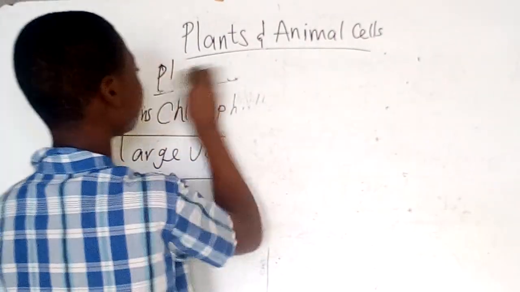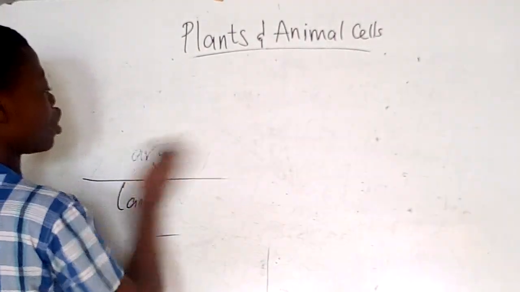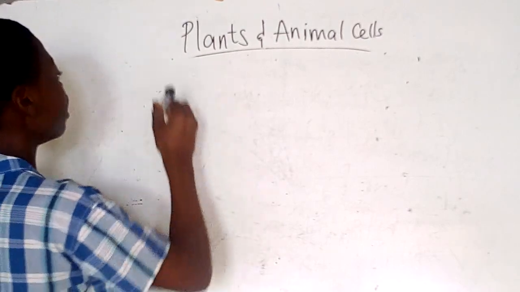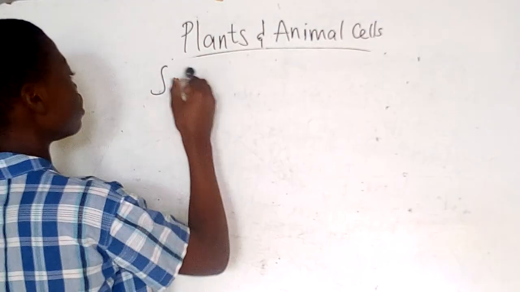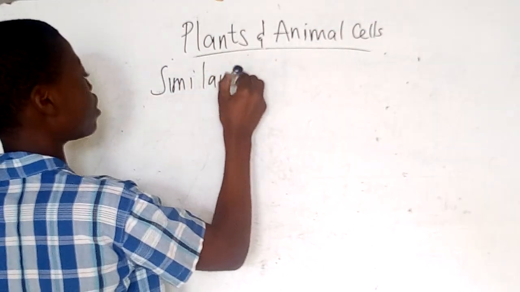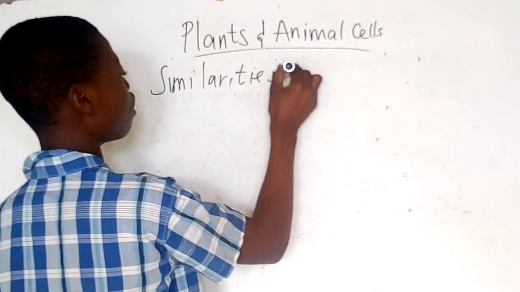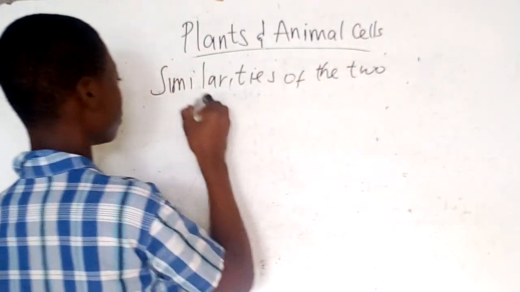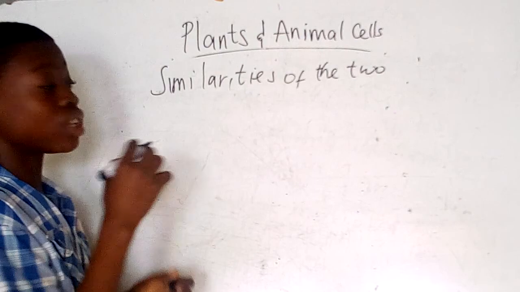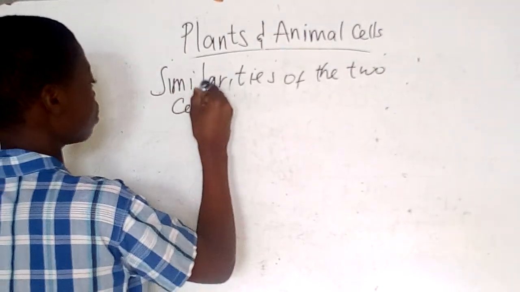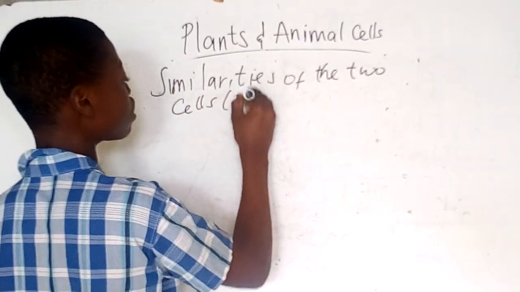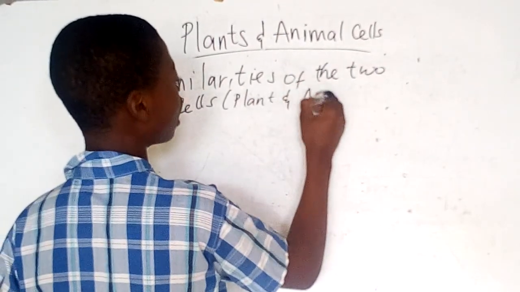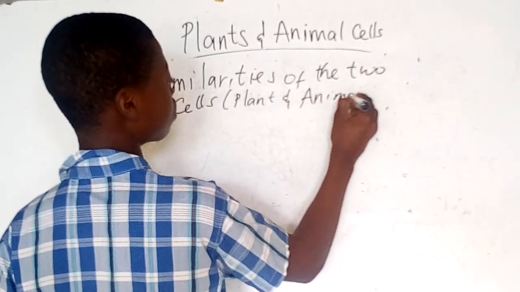So we are moving on to the similarities of the two cells, bracket our plant and animal cells.